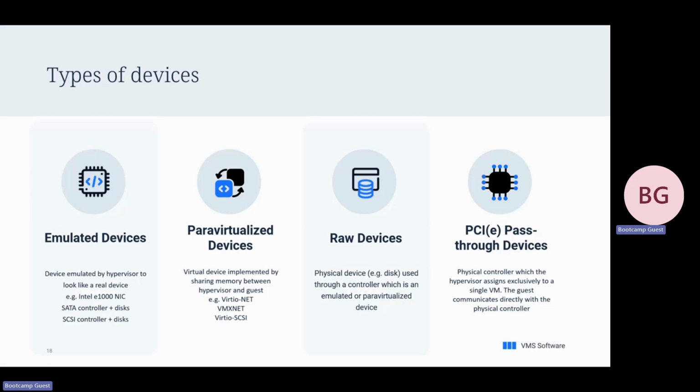And then finally, we have these pass-through devices for PCIe, but it also exists for USB, where you have a physical controller that is exclusively reserved for use by a particular virtual machine.